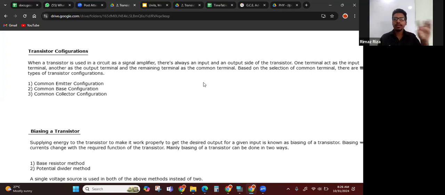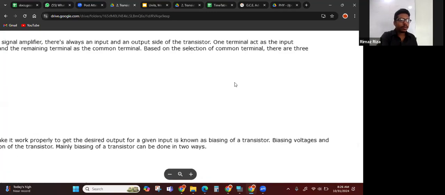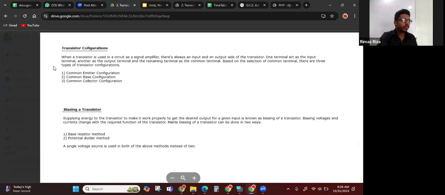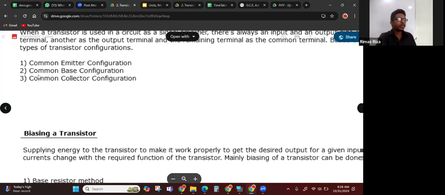You can describe these as the input circuit and output circuit. So this remaining terminal is common to both the input and output circuit, so we can consider that as a common terminal. Based on the selection of the common terminal, there are three types of transistor configurations: common emitter configuration, common base configuration, common collector configuration.